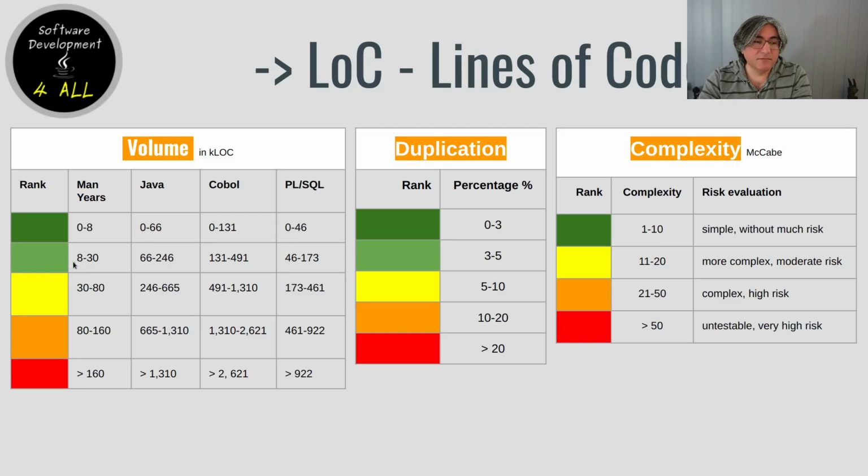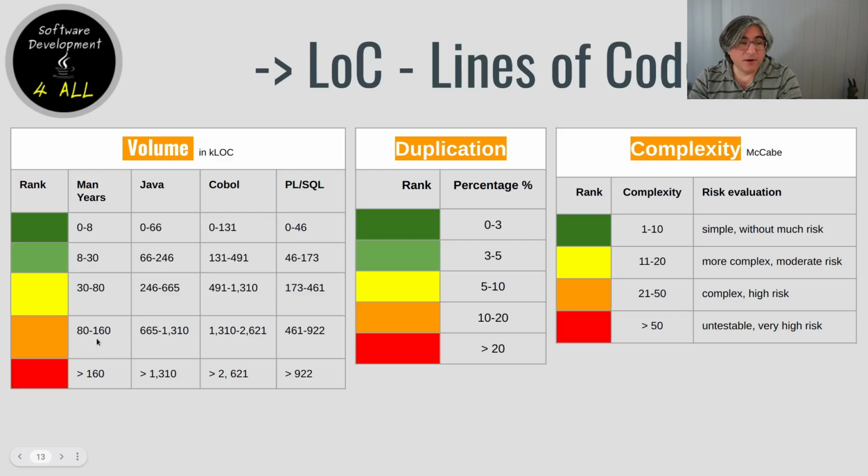If you're making 66 to 246 kilo lines of code, then light green, so you're getting a bit more risk. Yellow, 30 to 80 years, 246,000 to 665,000 lines of code, then you're in a more complex moderate risk.